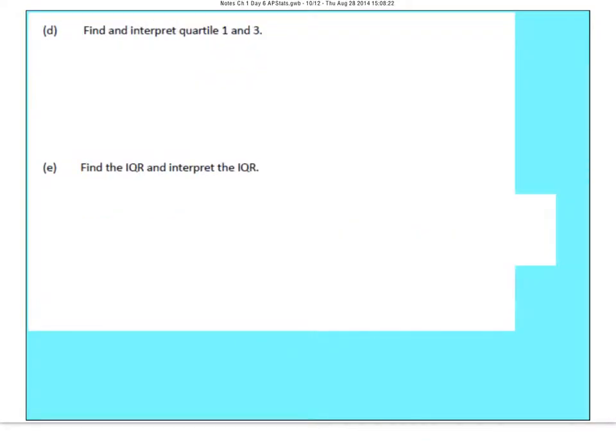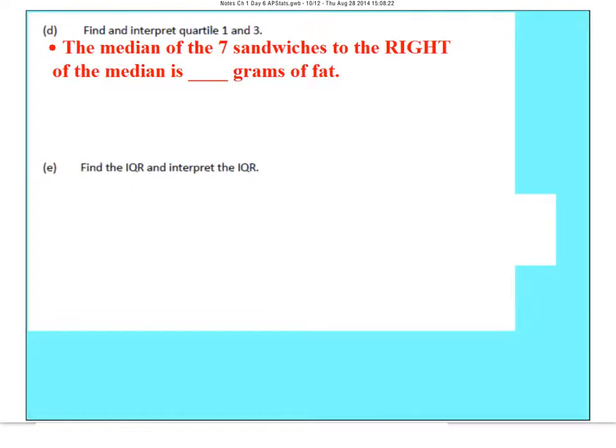Continuing on, find and interpret the quartile 1 and quartile 3. Just look at the calculator output. You're going to find that the median of the 7 sandwiches to the right of the median, so that means on the upper half, so here we're actually talking about quartile 3, is 39 grams of fat.